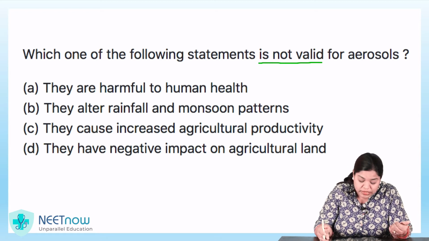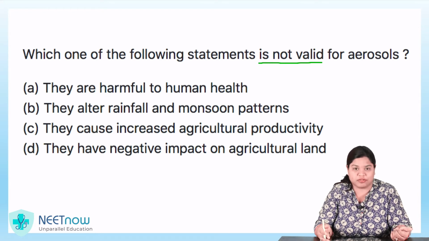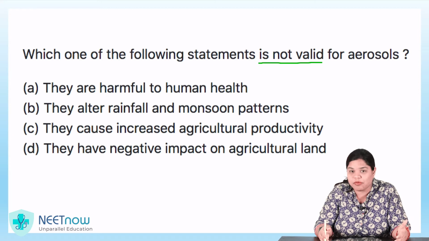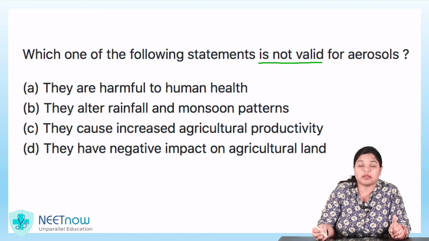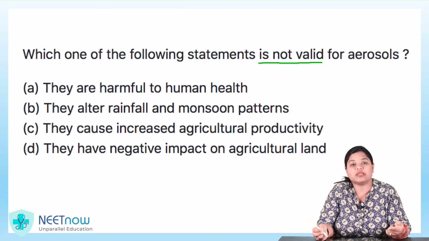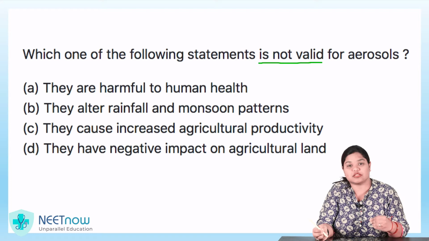C. They cause increased agricultural productivity. Now this is false, because aerosols are pollutants. Pollutants will only result in negative impact. They will not ever give anything positive. So yes, option C could be correct, but before marking that, you need to see the last option given.